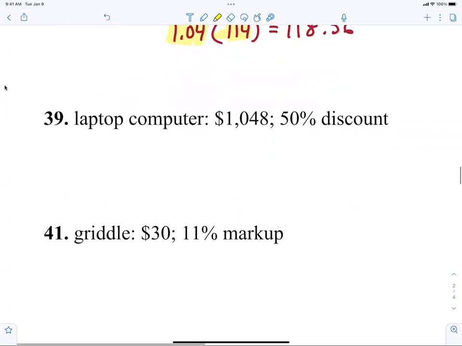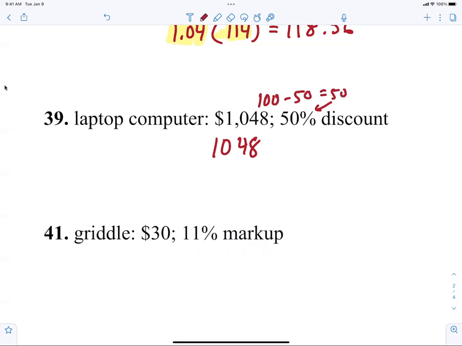Tell me what to do. 1,048 times 0.50. Wait a minute. Why are we doing times 0.50? Because if you take 50% off, you only have to pay what? 50%, because it's a coincidence that 100 minus 50 is equal to 50. It just happens to be the same thing.